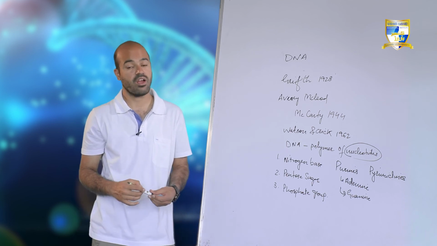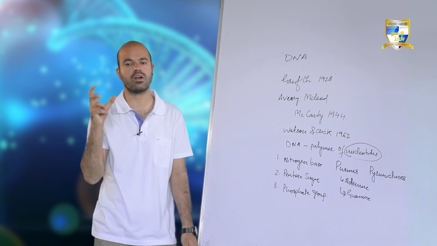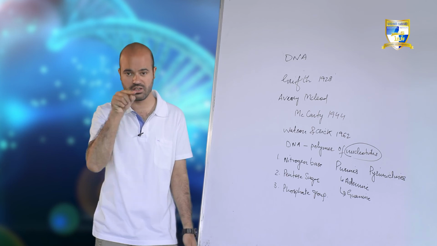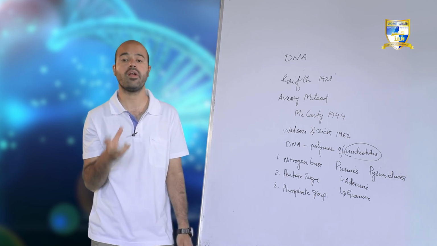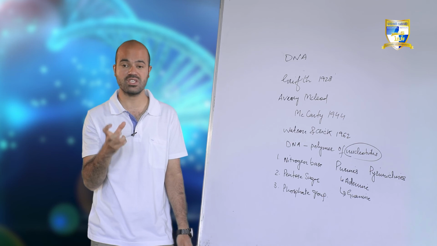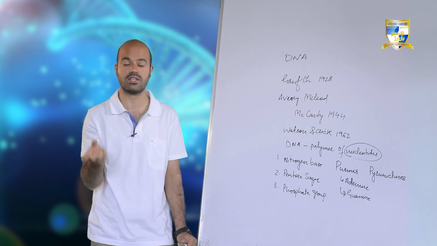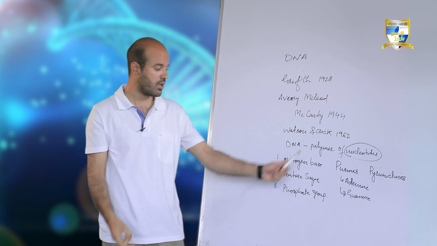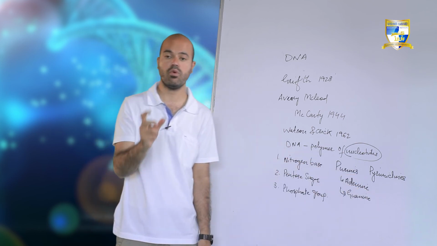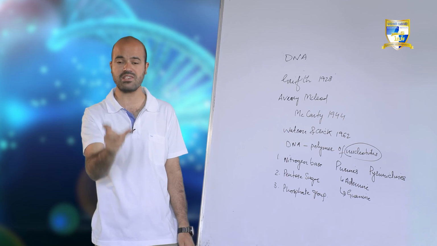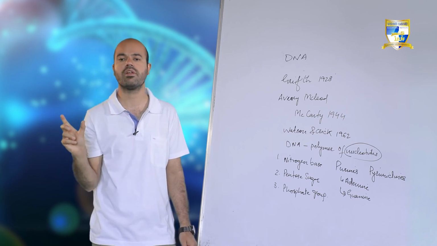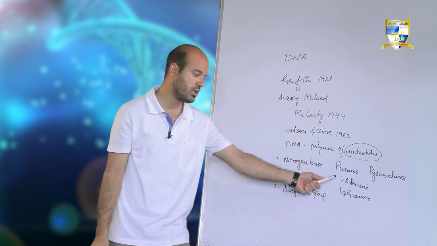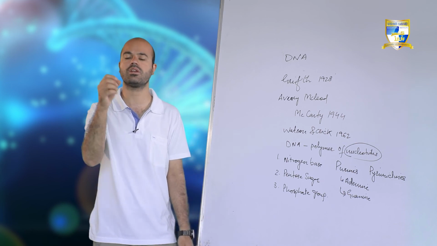I repeat, a nitrogen base is an organic compound in the form of a ring. That ring necessarily possesses nitrogen as its component, that is why it is called a nitrogen base. Nitrogen bases are of two types, purines and pyrimidines. Purine is a double ringed nitrogen base and pyrimidine is a single ring nitrogen base. Purine has two types, adenine and guanine.